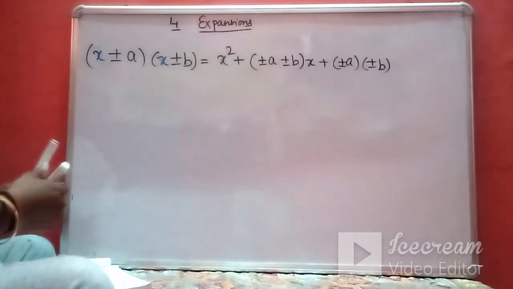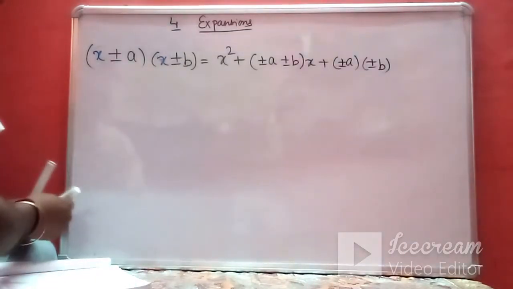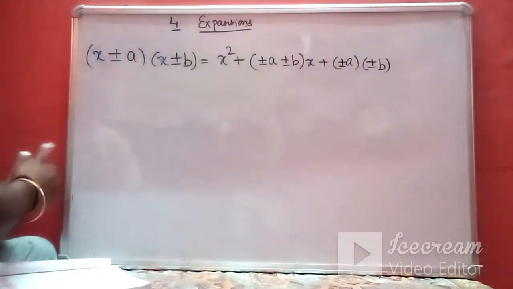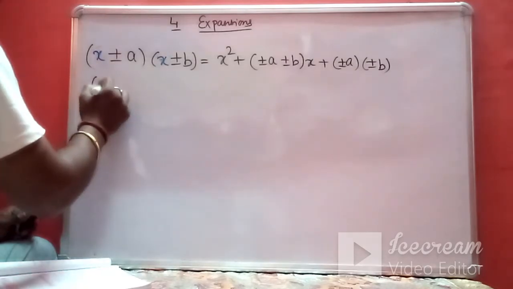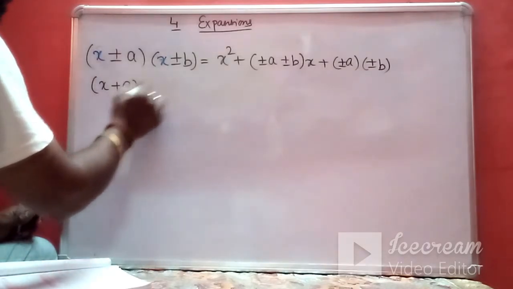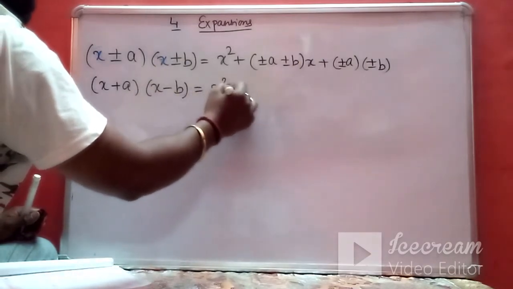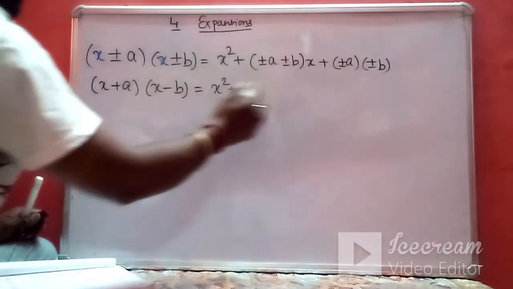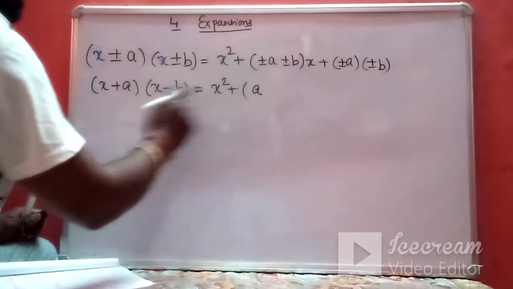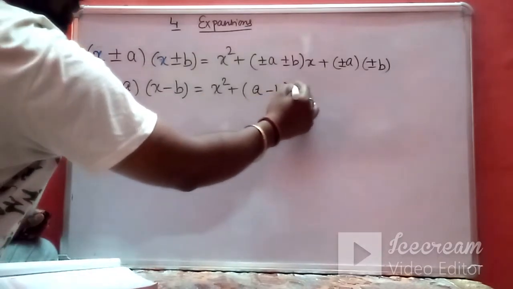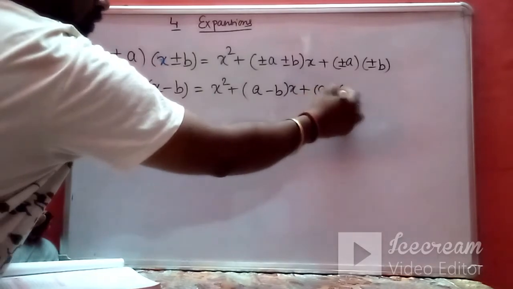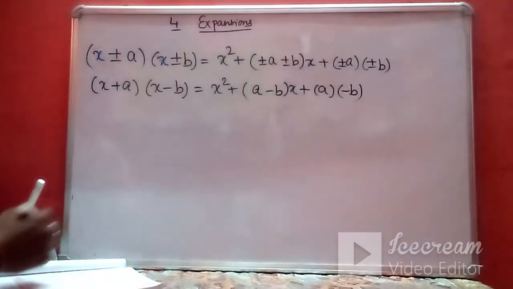And what is the meaning of this plus minus? Suppose I want to calculate the value of (x + a)(x − b). So it is plus a and it is minus b. We will use each and every term of a and b along with the sign.